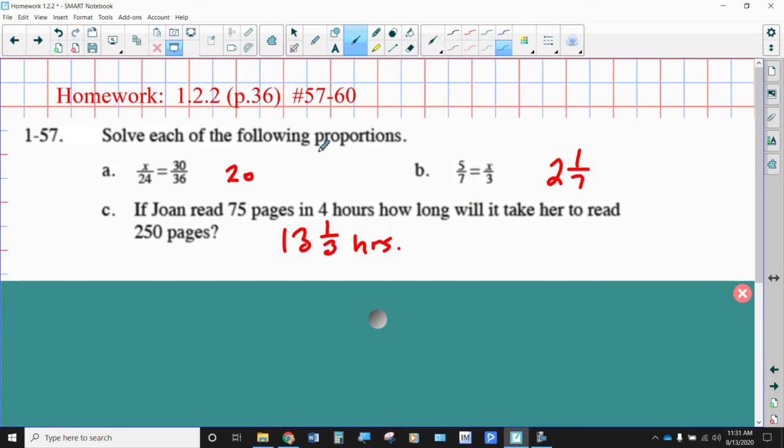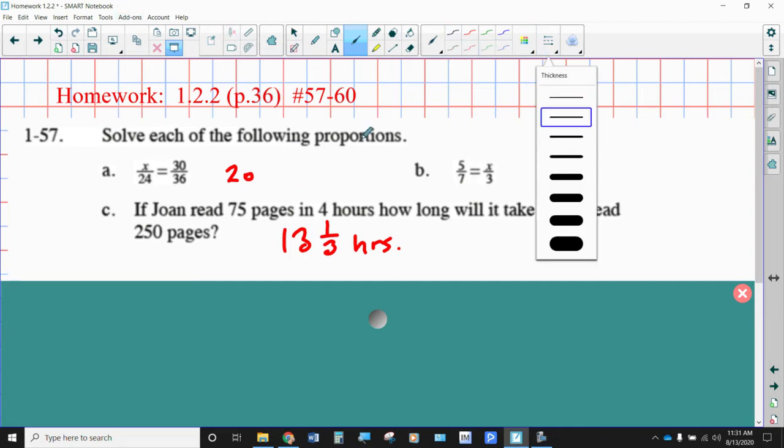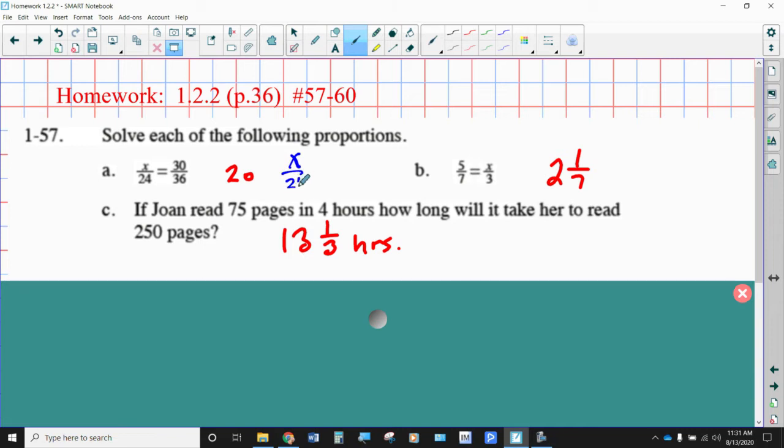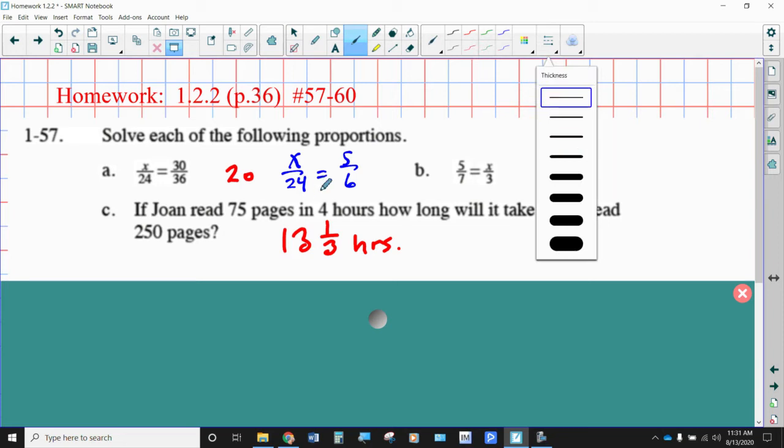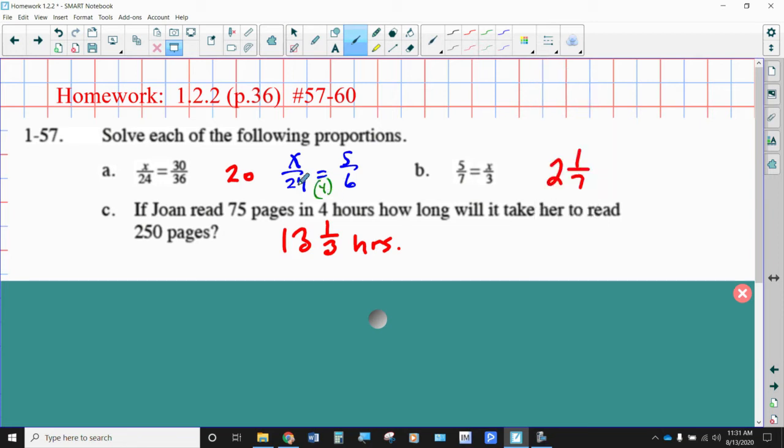So it turns out you could say x over 24, hold on for a second, need a thinner pen. X over 24 can't be simplified because you don't know the value for x, but this can. If you divide the top and bottom by 6, you get 5 over 6. And now you can clearly see, hey, 6 times 4 is 24, so 5 times 4 will give me 20. So that's a good way of doing it, or you can just cross multiply.